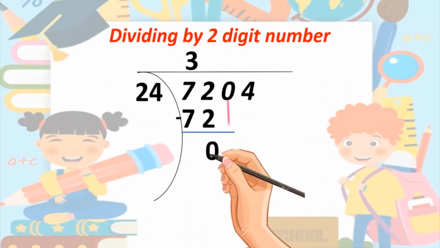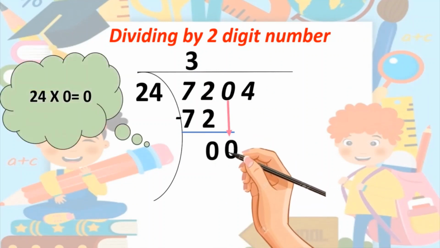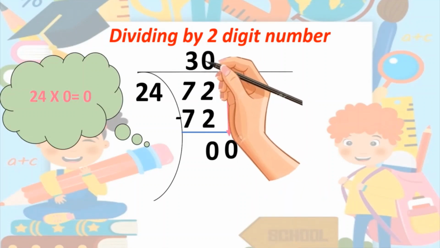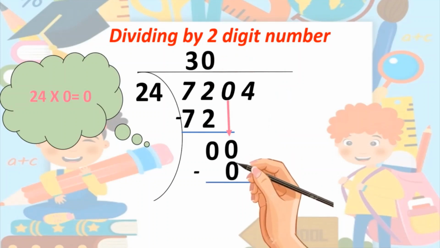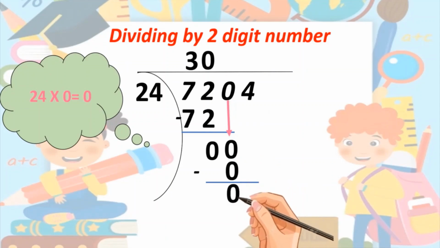Let us bring down the next digit, that is 0. So 24 times 0 is 0. We know any number multiplied by 0 is 0. So we write down 0 here and the remainder is also 0. Now we bring down the next digit, that is 4.